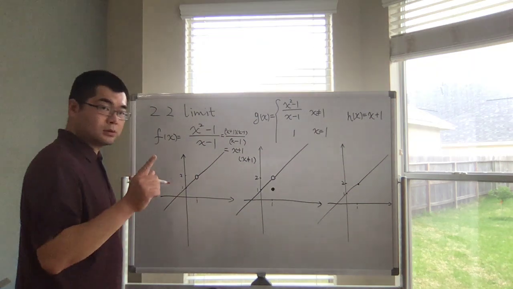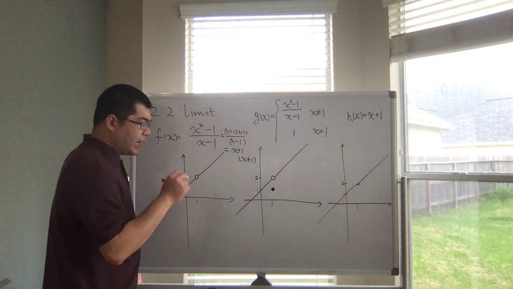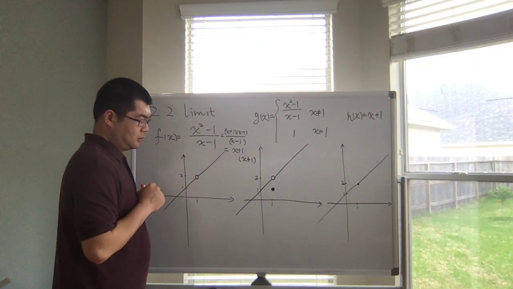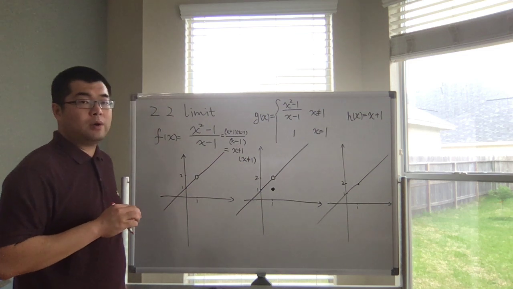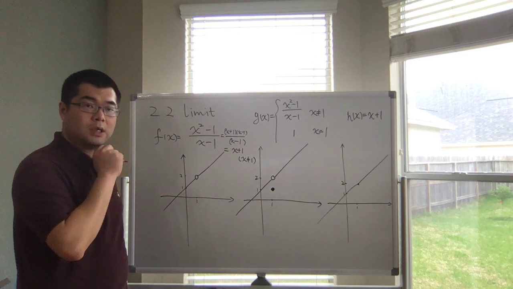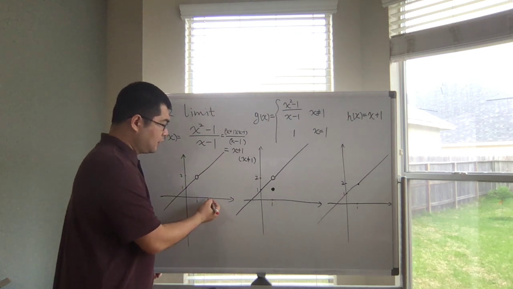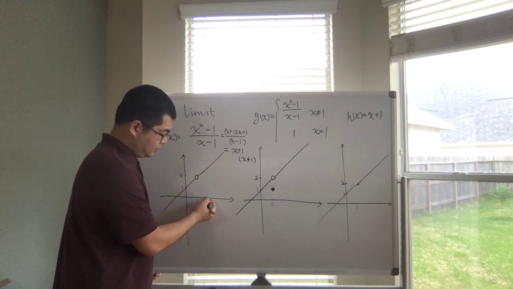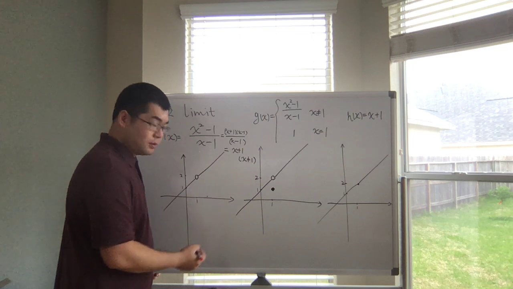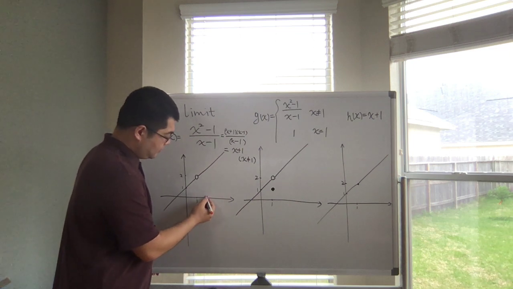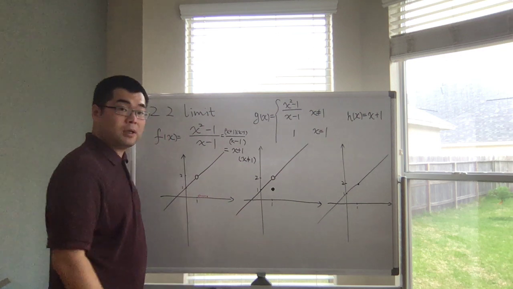Looking at here, guys. When my x approaches 1, do you agree that you actually have two ways to do the approach? Either you can start from a number greater than 1, right? Maybe something starting from here, and then you get close, approaching 1, right?